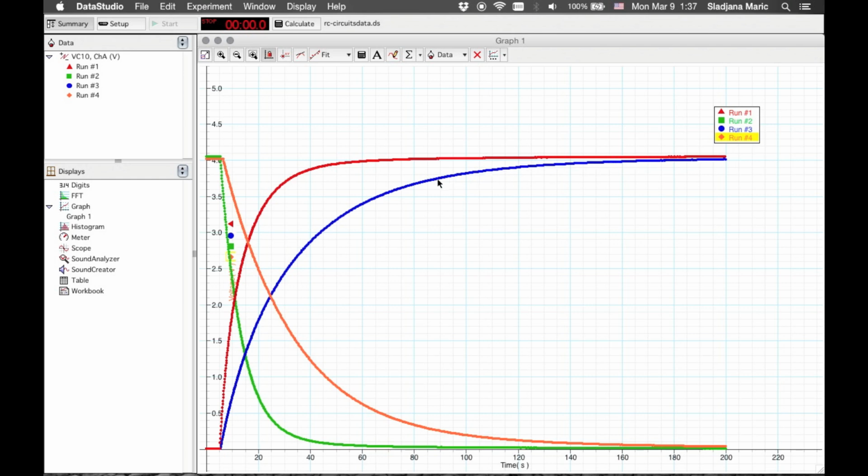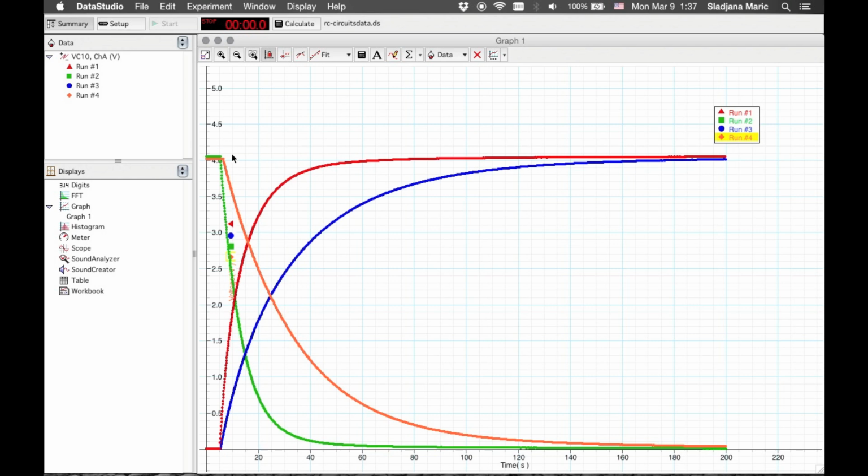This is run number 3, and the orange curve, or run number 4, is a discharging of the capacitor through a 33 ohm resistor. The data is collected for 200 seconds as the Data Studio is programmed to stop data collection after 200 seconds.